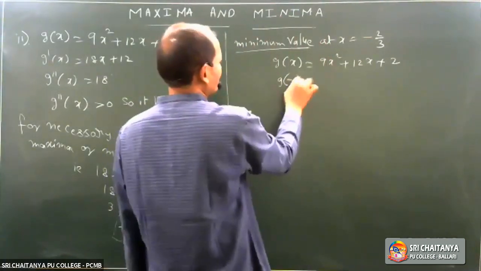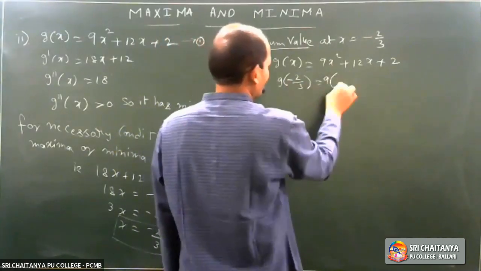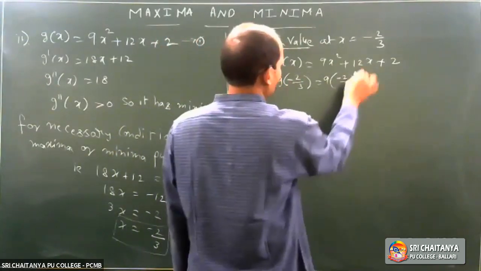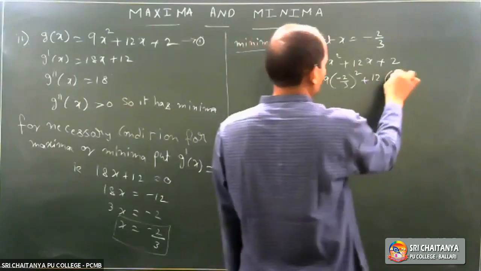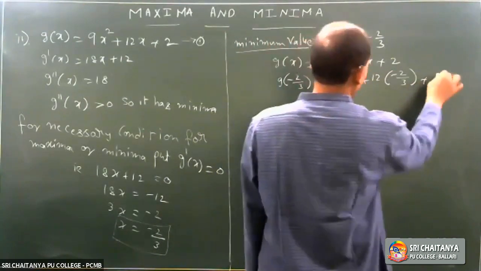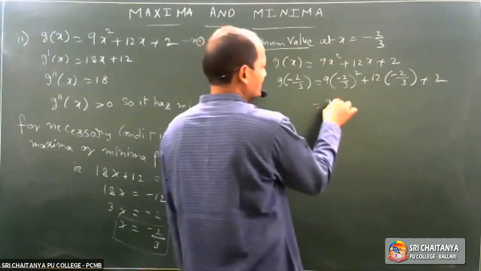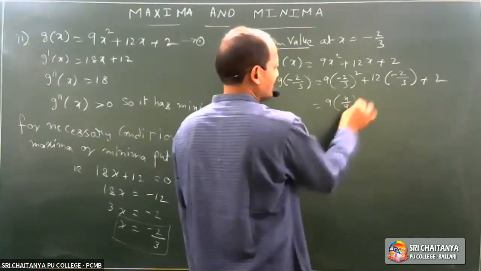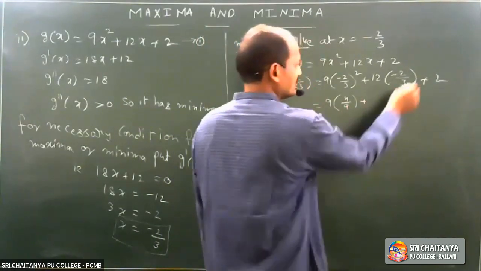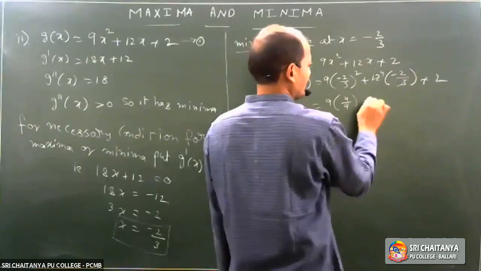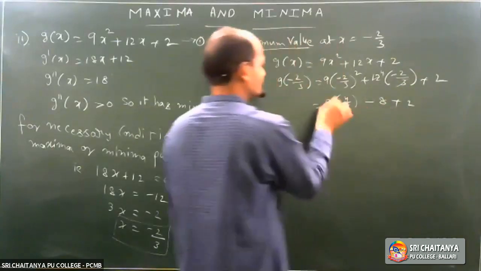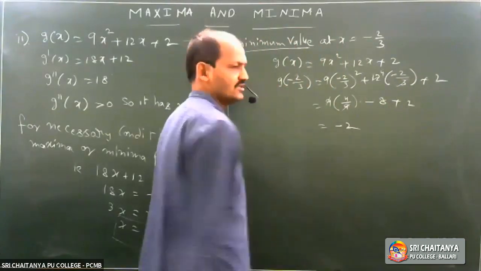So g of minus 2 by 3 is 9 into minus 2 by 3 whole square plus 12 into minus 2 by 3 plus 2. So it is 9 into 4 by 9, which is 4, minus 8 plus 2. So we get minus 2.